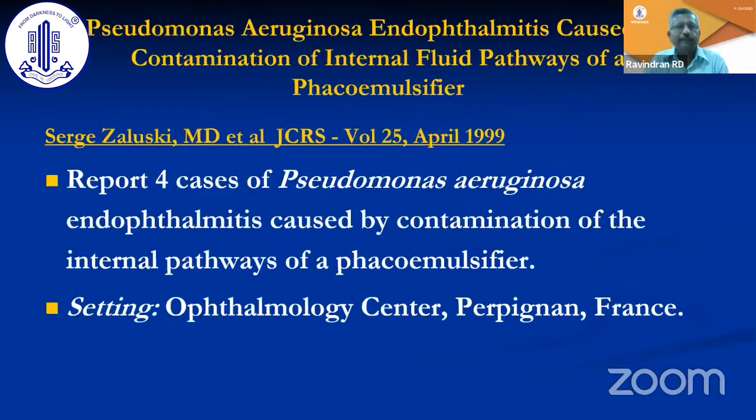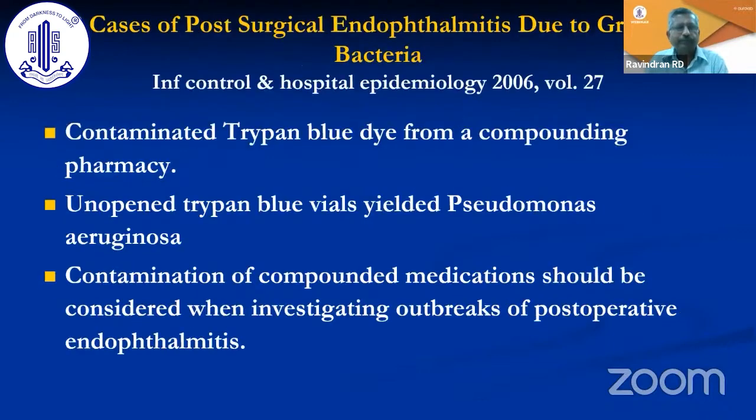If you look into the literature, several articles have been published on cluster endophthalmitis. Here, they reported Pseudomonas aeruginosa endophthalmitis caused by contamination of the internal pathways of the phacoemulsifier.